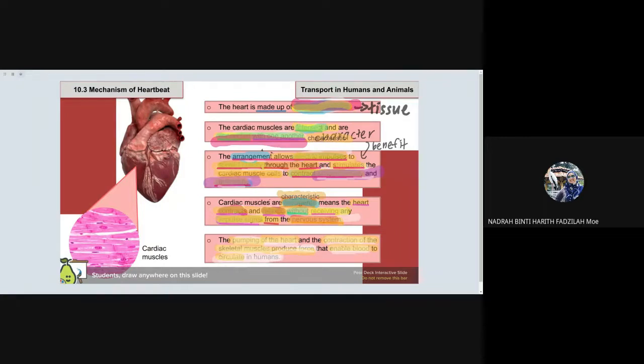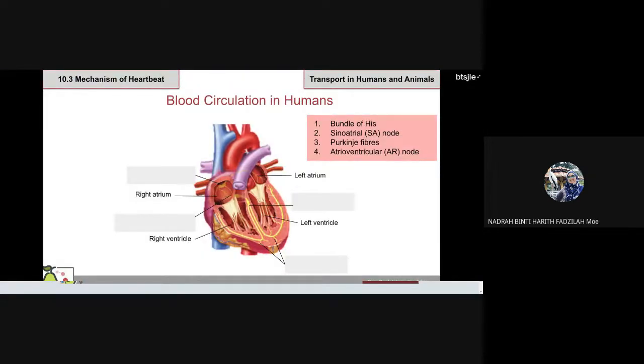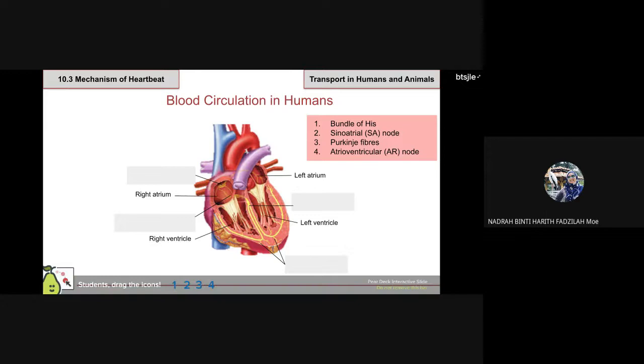And then kita tengok dekat sini structures involved in the mechanism of heartbeat which are SA node, AV node, bundle of His and Purkinje fiber. We have also discussed about the mechanism of heartbeat where mula-mula SA node generate impulse, lepas tu impulse tu pergi mana dan sebagainya.